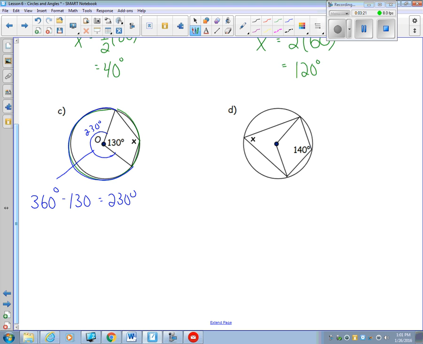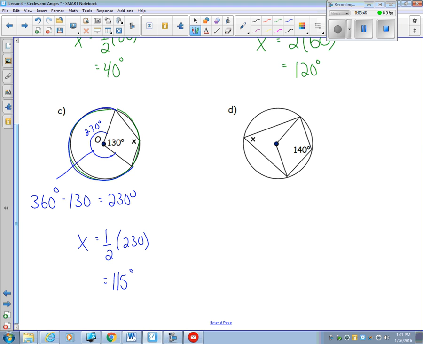That matches up with the x. 230 would be our sector angle. x would be our inscribed angle, so x would be half of 230, or 115 degrees. Using that idea, you can try and solve D, the idea of angles inside.